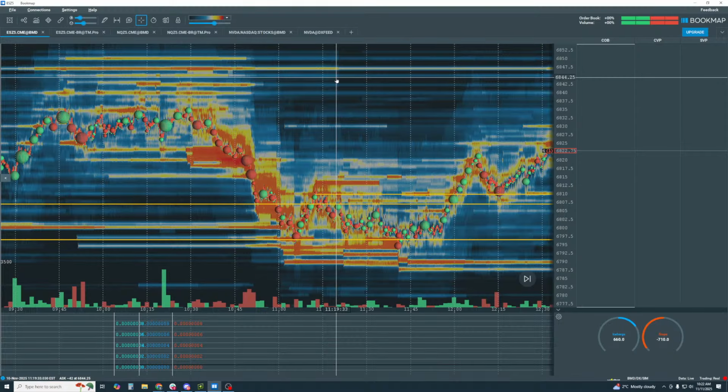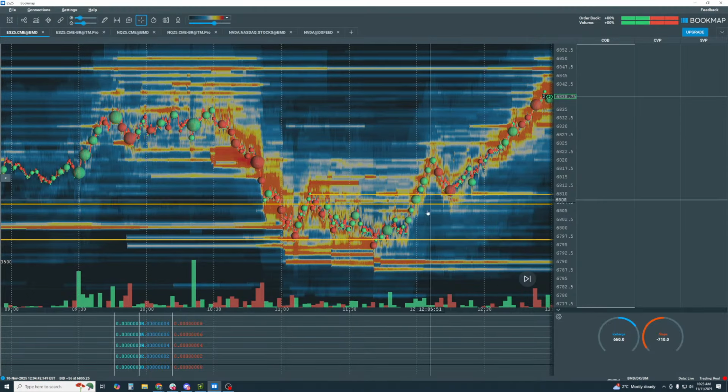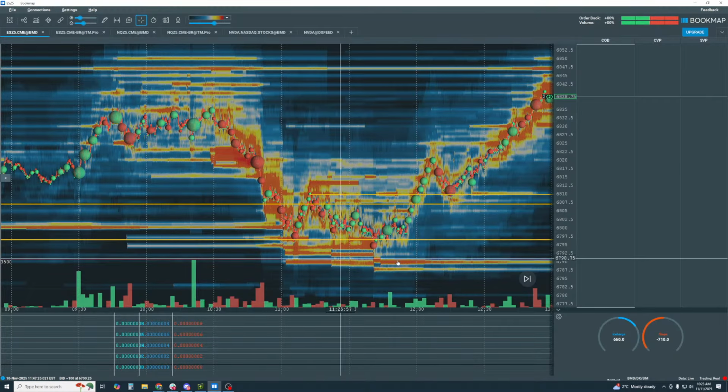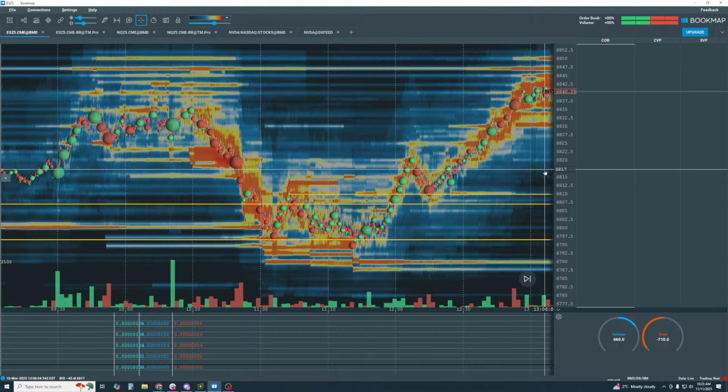All right, now this is much more ideal. I think this is a pullback in the bigger picture, or in the last few days at least. So look for that break, and then look for the continuation, or I'm sorry, the reversal. Intraday, you're looking for the reversal. Does that make sense? Are there any questions on this?